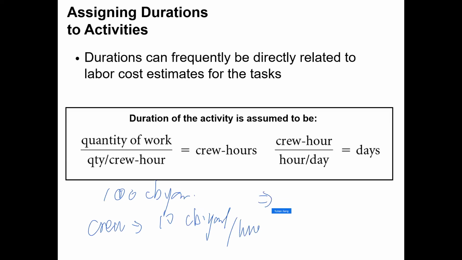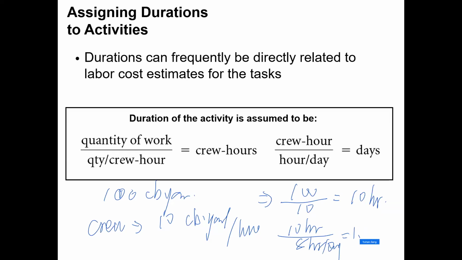How many hours do you need? 100 divided by 10, you get 10 hours, right? Then 10 crew hours divided by 8 hours a day, you get 1.25 days.